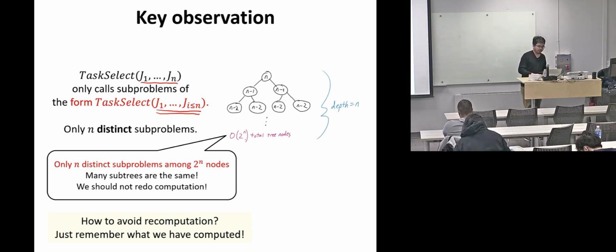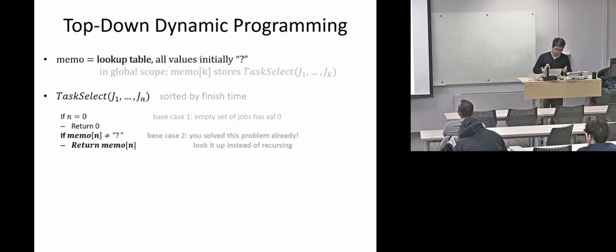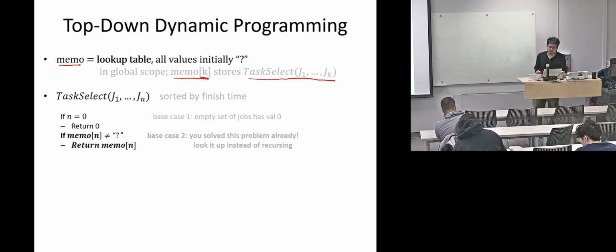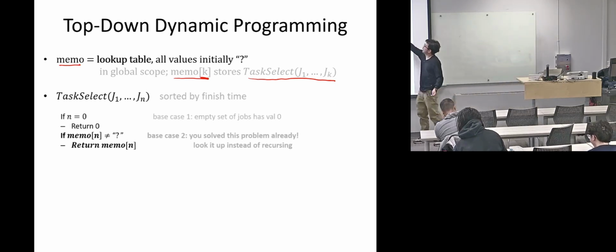So with this idea, you can write almost the same recursive algorithm, except that now you have, let's call it memo, a lookup table. Memo is an array of size n where memo k will store the optimal value when the input is j1 up to jk.